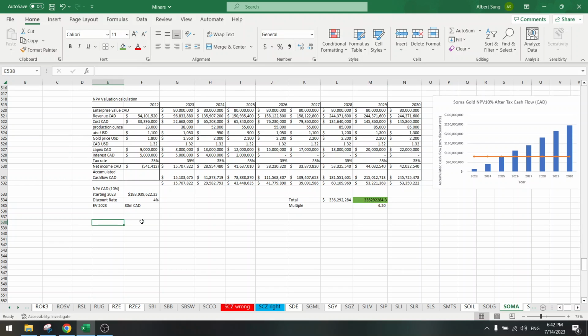Now let's do the second scenario. So in the second scenario, we start with $80 million. Then I get 4% interest on that money, right? 4% on that money.